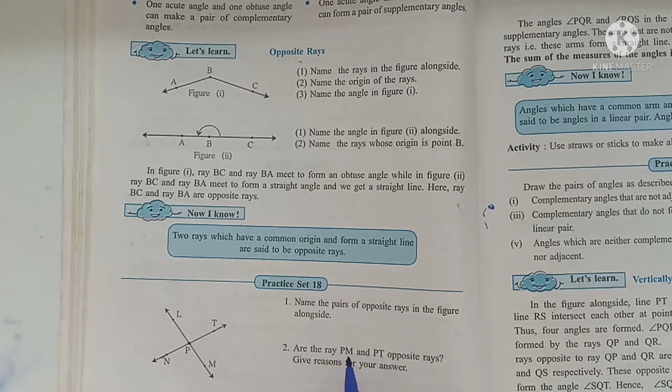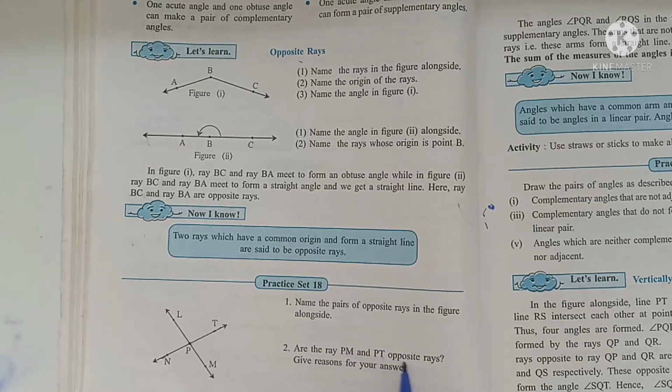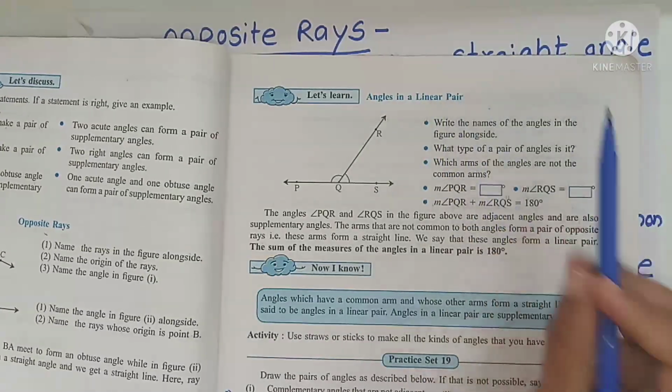Then are the rays PM and PT opposite rays? Ray PM and PT are not opposite rays because they have common origin point P, but they do not form a straight line. Again, you have to solve this practice set 18 in your notebook. Then angles in a linear pair.